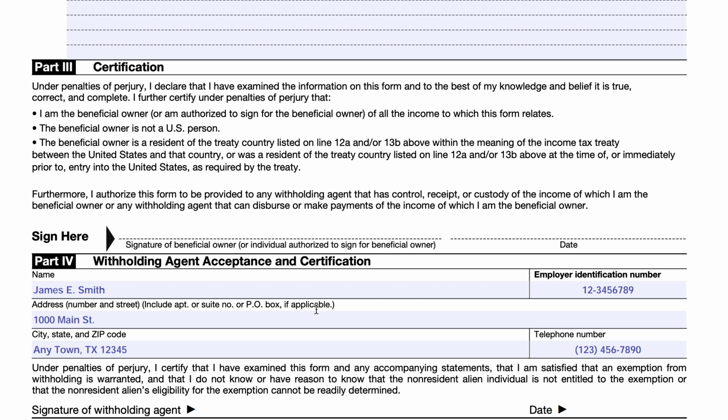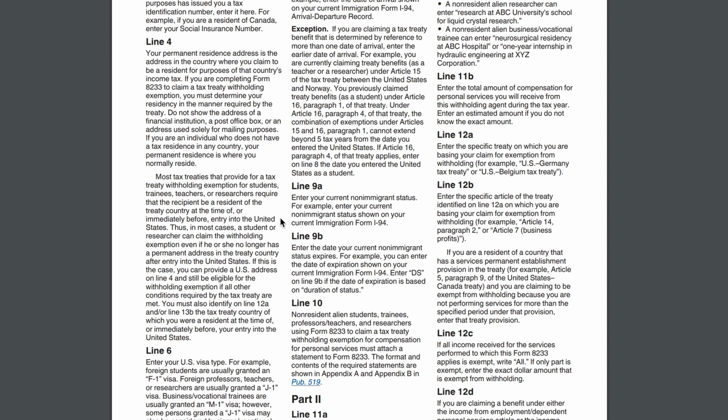And in part 4, the withholding agent, in this case, let's say that James Smith works for XYZ Hospital. He's going to put the hospital's employer ID number as well as the address, city, state, and zip code, and a telephone number. He's going to sign this, and he has a limited period of time to actually file.